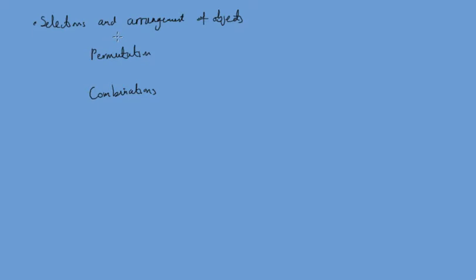So a selection of objects is called a combination. It is called a combination if the order of the selection doesn't matter. So combinations are when the order of selection, that's how you spell selection, doesn't matter.